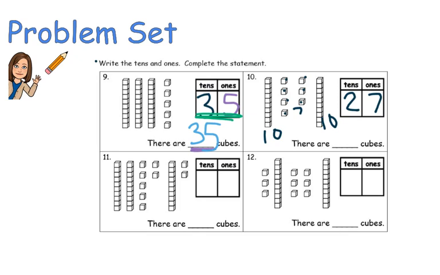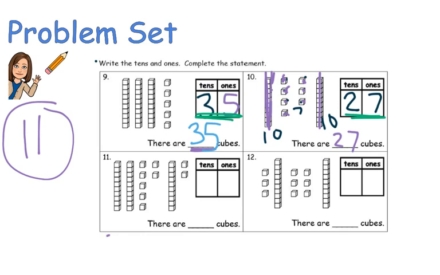This is saying there are 27, so I want to count and make sure I counted correctly. 1. Oh, I'm sorry. This is not a 1. Oh, let me try that again. 10, 20, 21, 22, 23, 24, 25, 26, 27. There are 27. Now I want you to pause the video and try 11 and 12 by yourself.